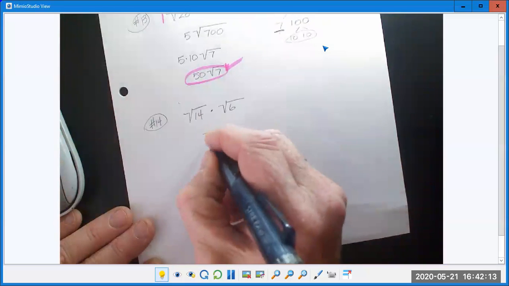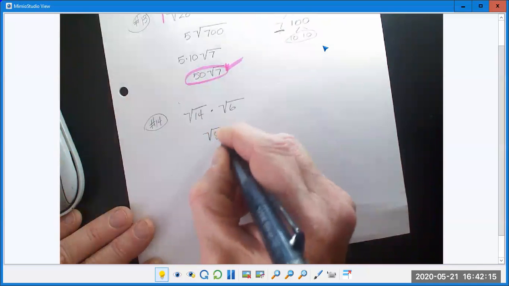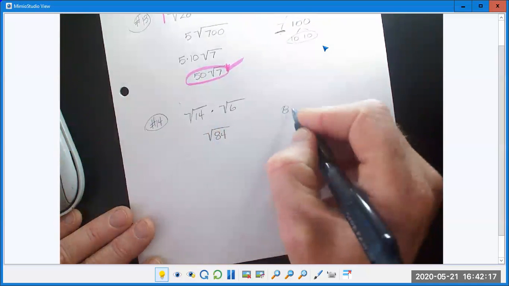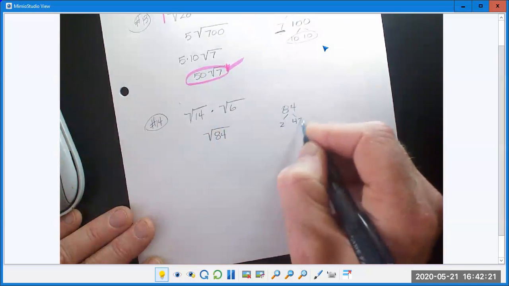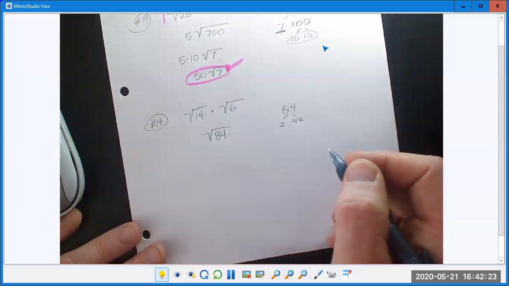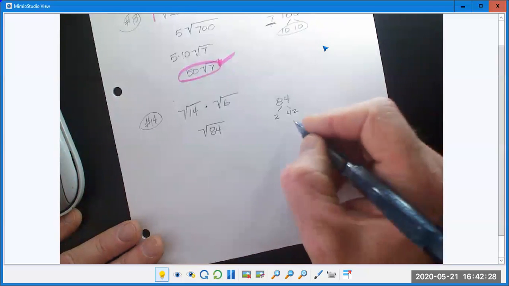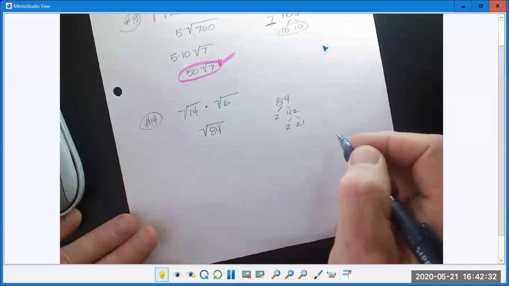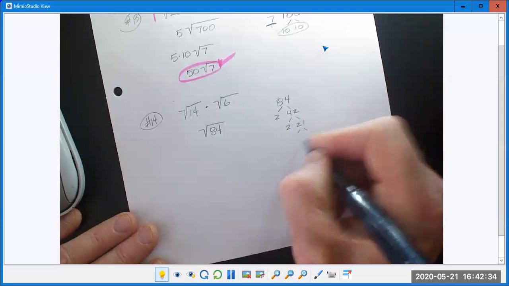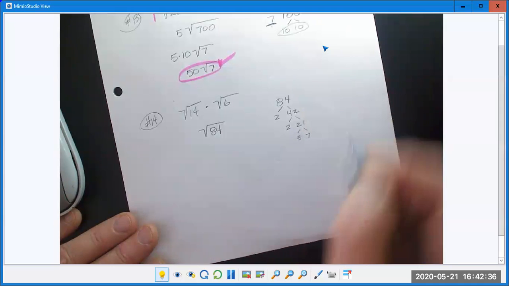So I have radical 84. 84 breaks down to 2 times 42. 42 breaks down to 2 times 21. And 21 breaks down to 3 times 7.